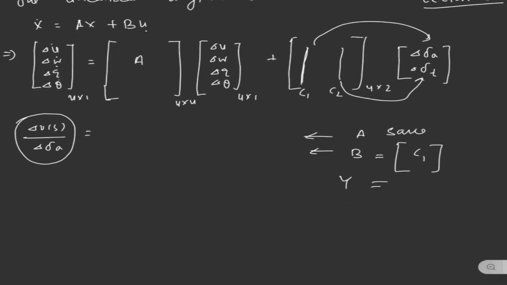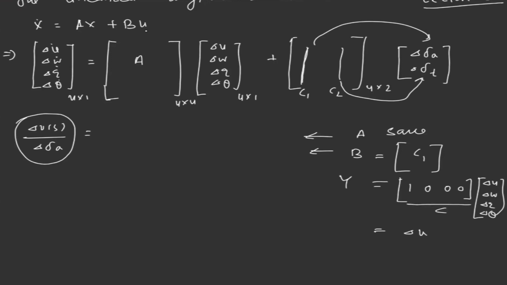For the C matrix, since we are considering the output, the output state should be U(s). So the C matrix is 1, 0, 0, 0 multiplying delta U, delta W, delta Q, and delta theta. If you multiply these two vectors, we will have delta U. So this is the C matrix.